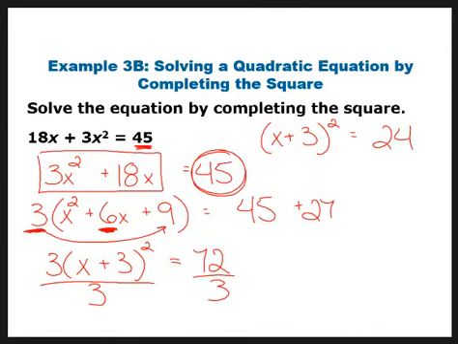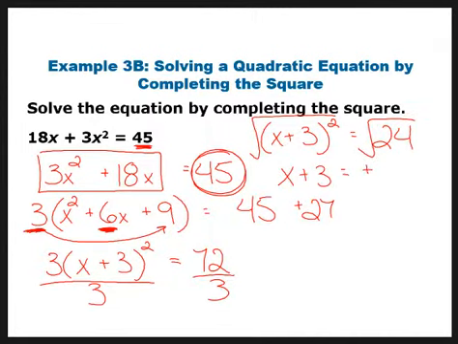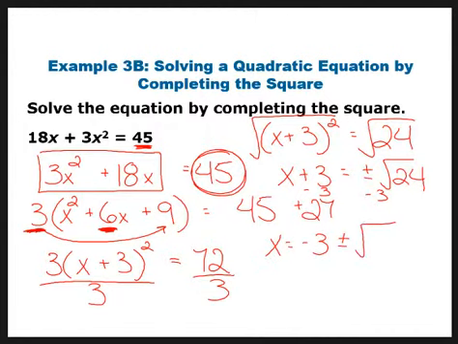Alright, now I have the squared portion of the problem by itself, so I can go ahead and square root both sides. So x plus 3 equals plus or minus the square root of 24. Now again, I know I'm going to be able to do something with the square root of 24, but I'm going to wait. So I'm going to just subtract 3 here. So x is going to equal negative 3 plus or minus the square root of 24. Now, perfect squares that go into 24.